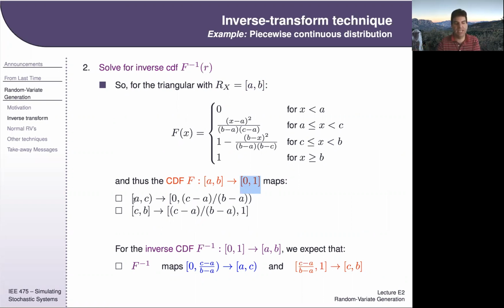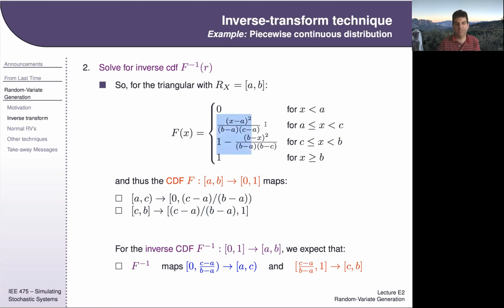And so we can see by looking at this CDF that from 0 to this constant maps to the range values A to C, and from that constant to this value, that maps to the range values C to B. And so with that, we now know what values to use for our R values and our X values when taking our piecewise inverses.